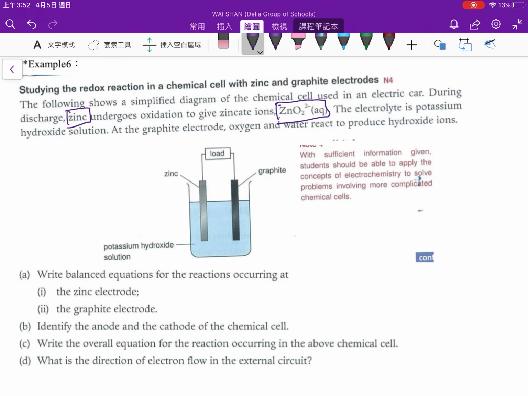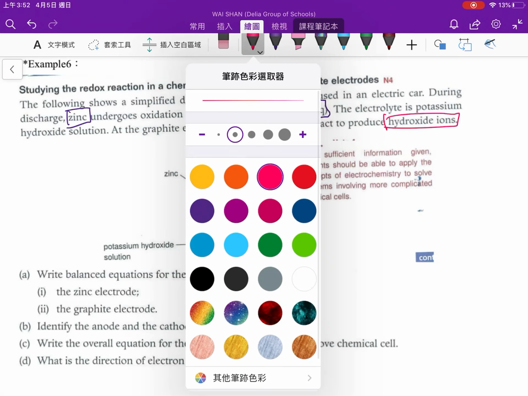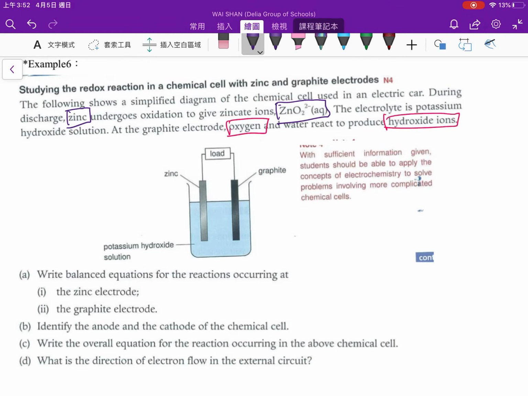Zinc will turn to zinc ion, oxygen will turn to hydroxide ion. So you can try to complete the half equation by yourself. And please pay attention that the electrolyte is potassium iodide. That means it will be an alkaline condition.